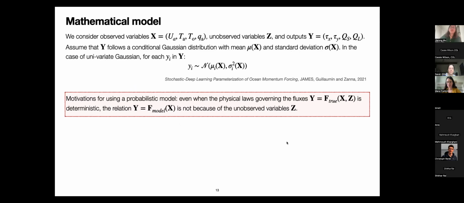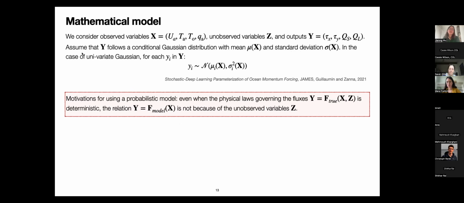Okay, so for the model, we consider the observed variable x, which in our case is the wind speed, the temperature of the air, temperature of the ocean, and humidity of the air. And the outputs are these fluxes, which are the momentum flux, sensible and latent heat.